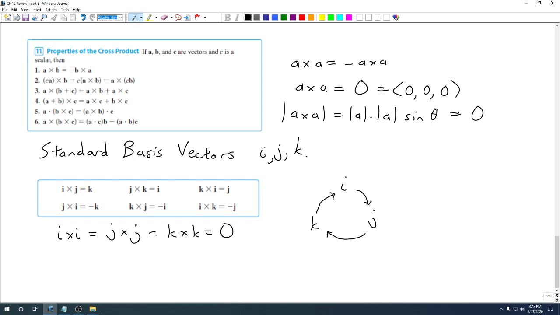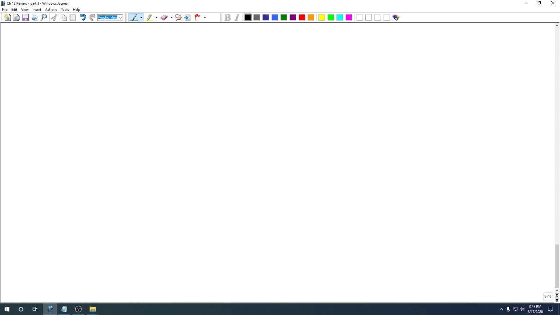So let's actually do an example of this. Let's go ahead and use problem 1 of section 12.4. Here they give us a vector A, which is 2, 3, 0, and a vector B, which is 1, 0, 5.